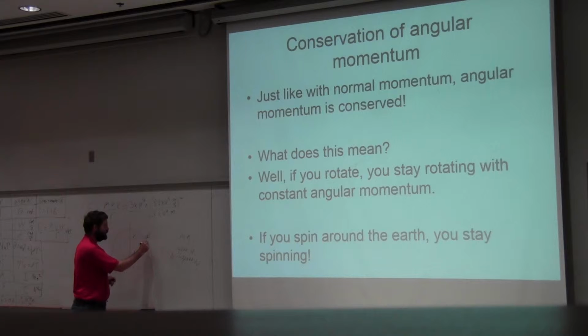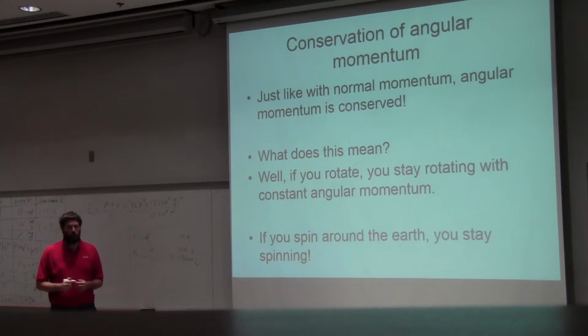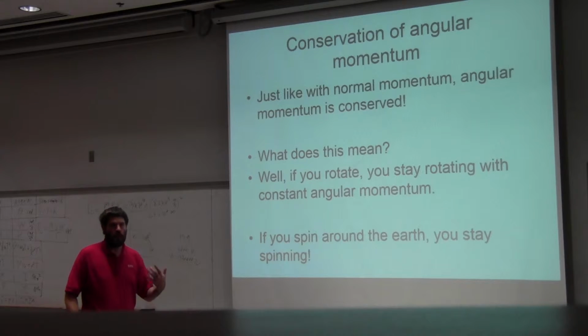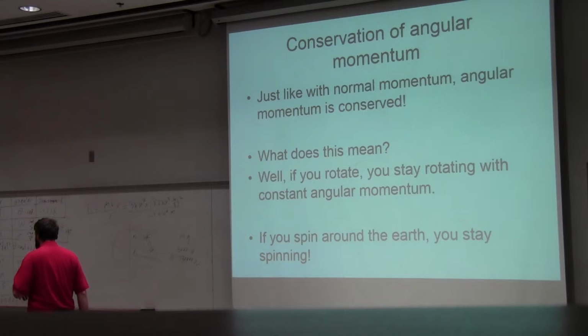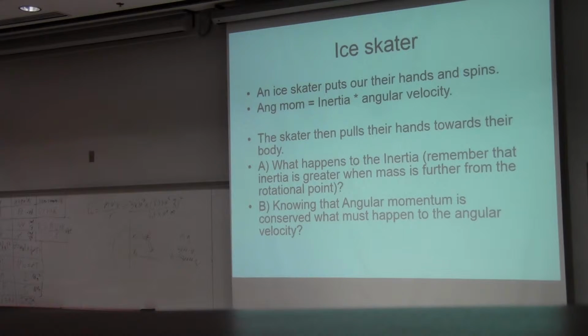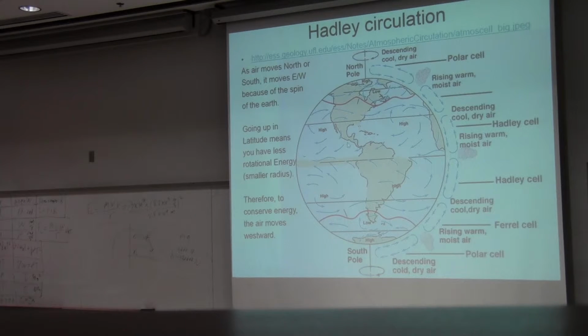And so if you were to go south, your radius would increase effectively. And if you go north, your radius effectively decreases. And this has an effect on wind patterns. And this creates what's called circulation cells.